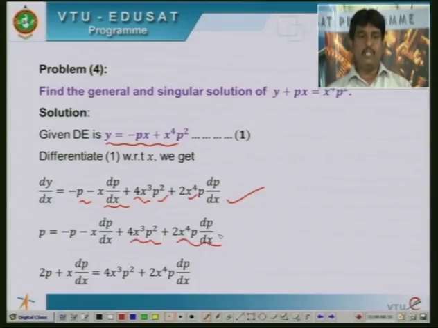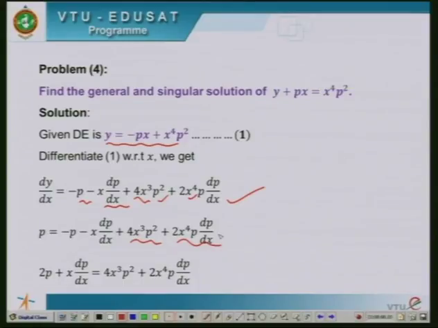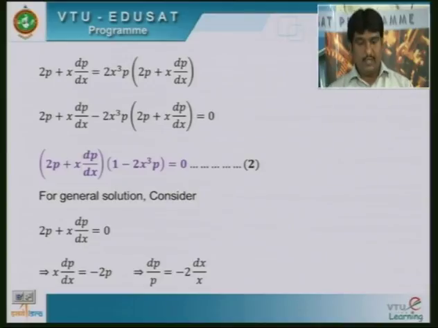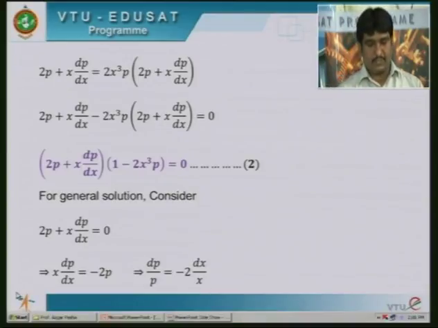Shift minus p to the LHS as well as minus x dp by dx to get 2p plus x dp by dx equals 4x cube p square plus 2x to the power of 4 p dp by dx. Next step, it is 2p plus x dp by dx equals 2x cube p into 2p plus x into dp by dx.